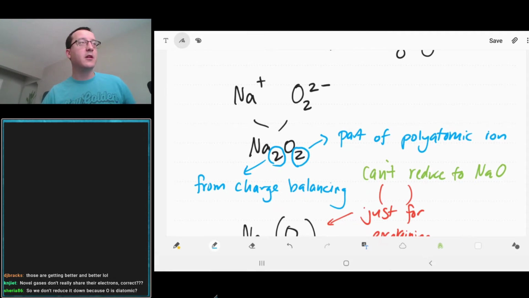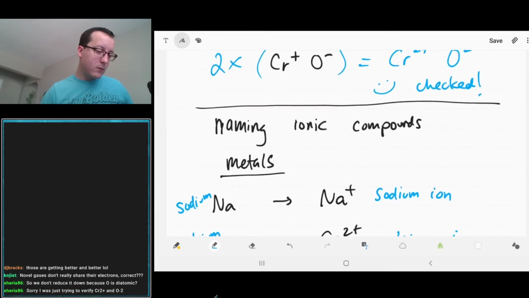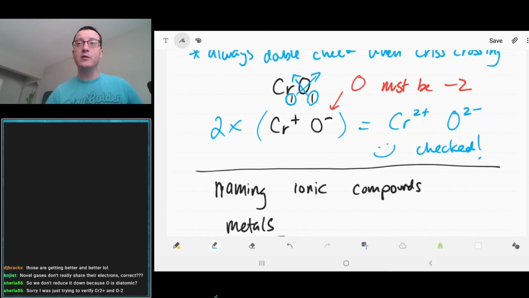The sodium peroxide thing? If so, in this case, yes, the oxygen is part of a diatomic ion, though we just usually call these polyatomics. Oh. So the charges we don't reduce.